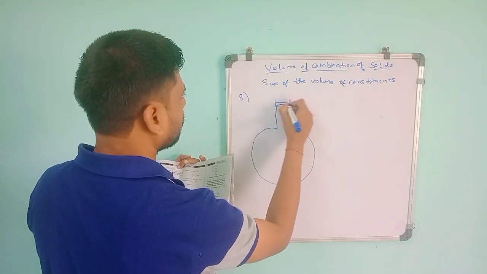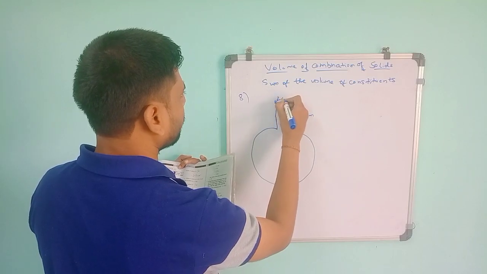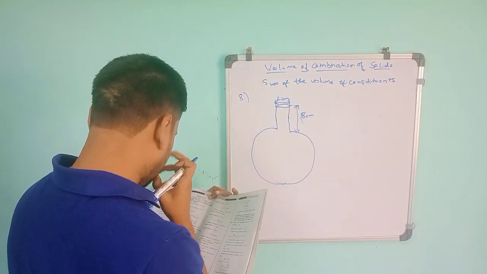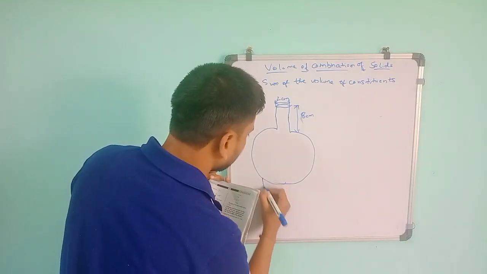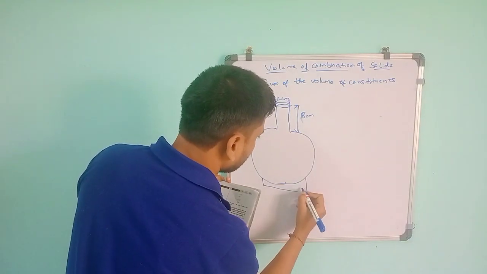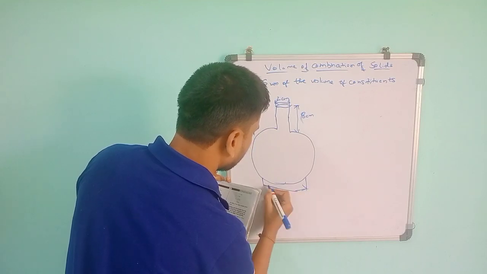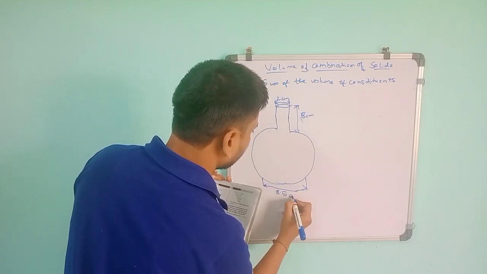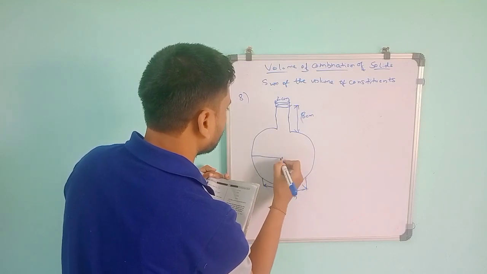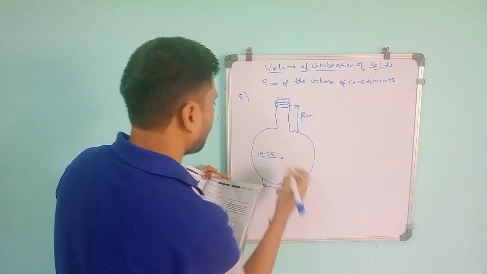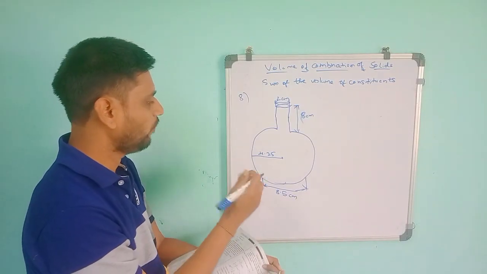Then the diameter of the spherical part is 8.5 centimeters. So the radius will be 4.25, because it is half of 8.5. So it will be 4.25 centimeters.